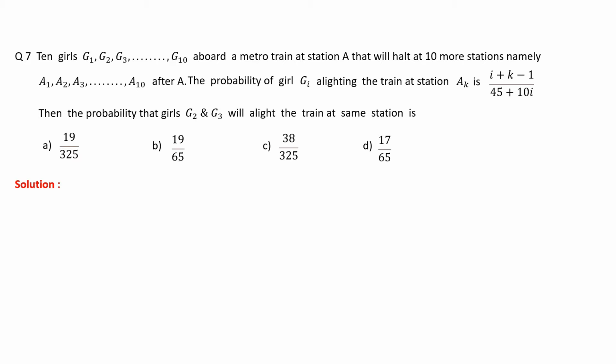Now students, it's very much clear that if girl G2 alights at a particular station, then it's not necessary that girl G3 will also alight at the same station. So that means we can consider both of these events to be independent. Now let us first assume that girl G2 alights at a station Ak.